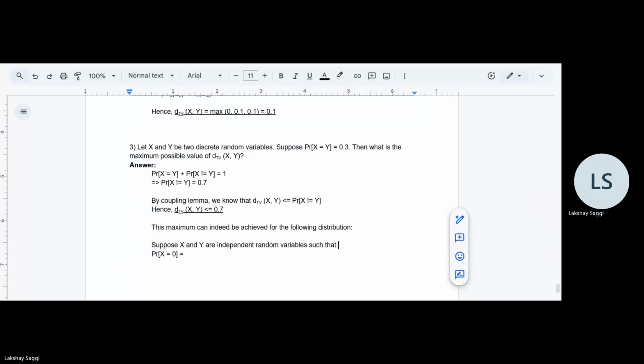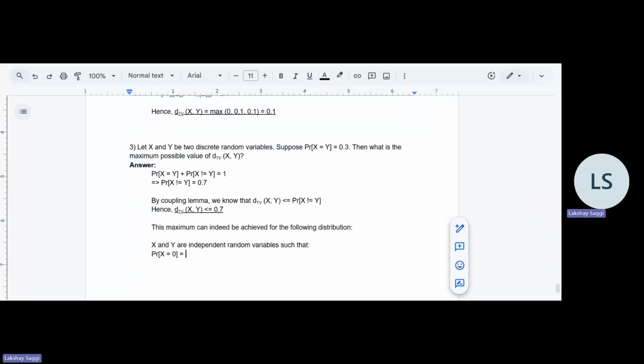Such that the probability x equals 0 is, let's say... okay, what should I choose here? Let me just think for a minute, guys.